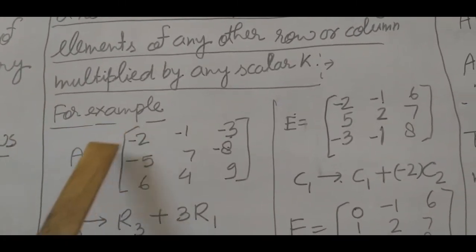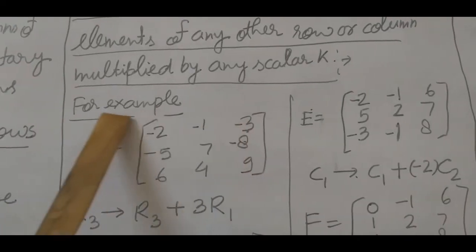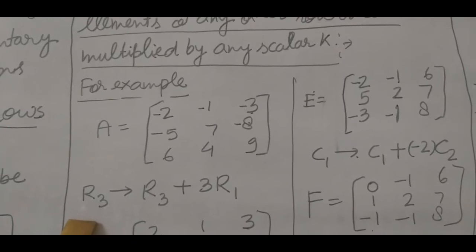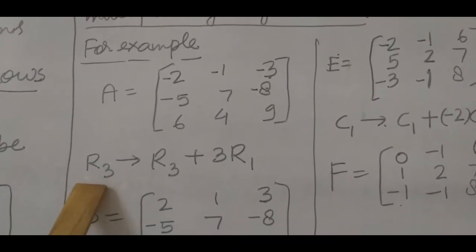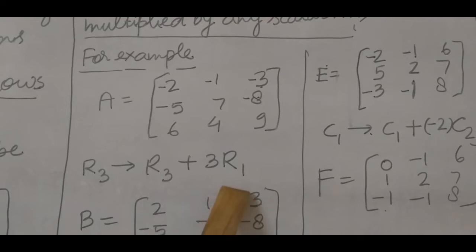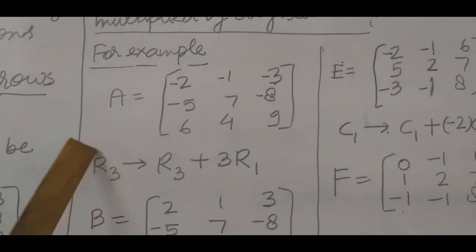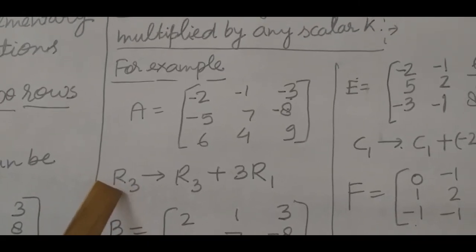For example, students, this is a matrix of order 3 by 3 and I am going to apply R3 tends to R3 plus 3R1. Okay, so I want to change R3, so that's why I have written R3 tends to.